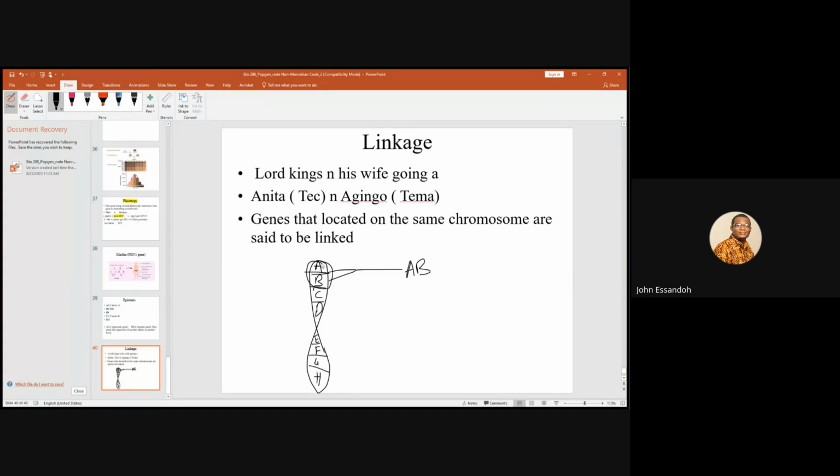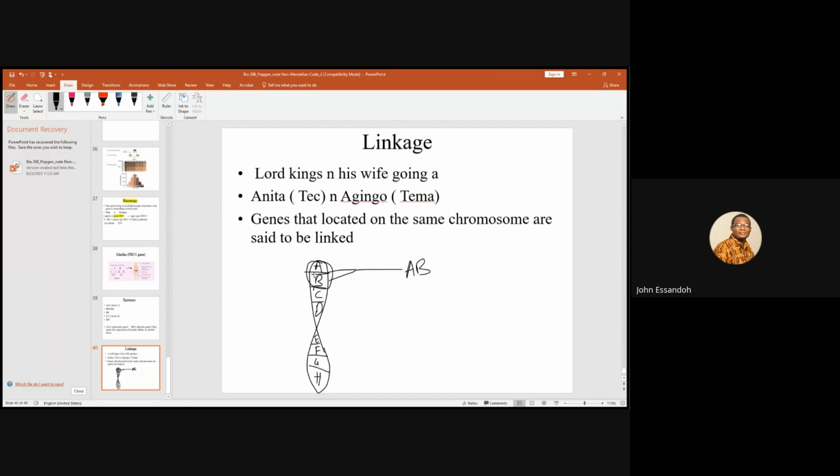So genes that are very close together on the chromosome are likely to be inherited together. Why? Because during crossing over, it is difficult for very close genes to be separated, since they are very close to each other.